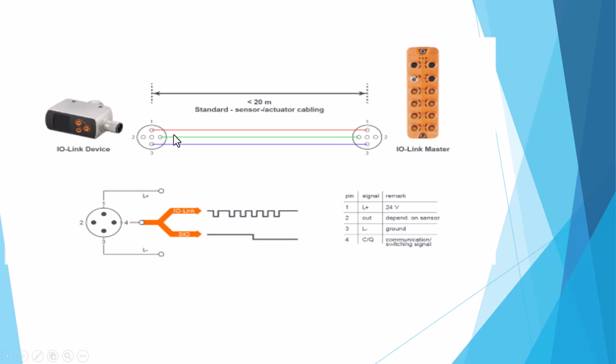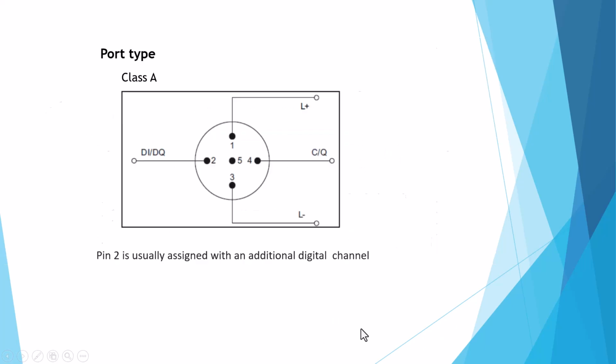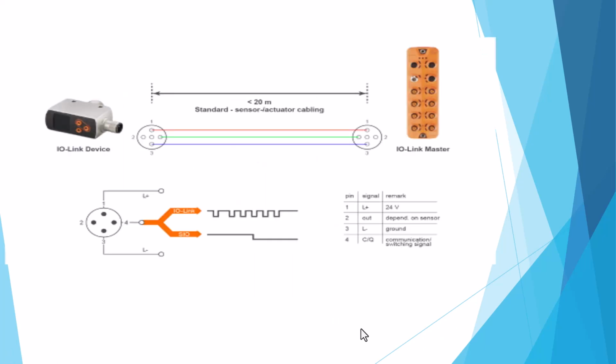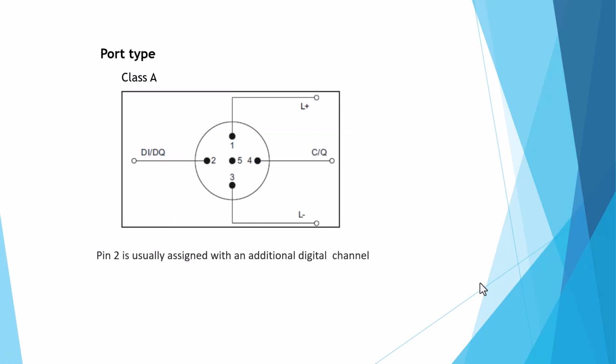So pins 1, 3, and 4: 4 is the IO-Link communication, 1 is positive, and 3 is negative. Okay, most IO-Link masters have 8 ports.